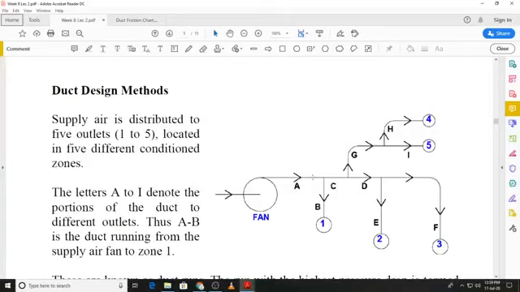So there is no hard and fast rule. You can also use numbers for the segments, or you can number the nodes. The only thing that is important is that we are able to identify those segments and the outlets.